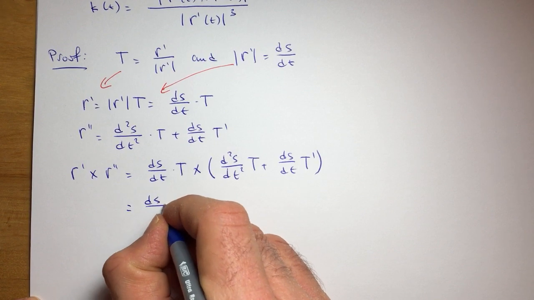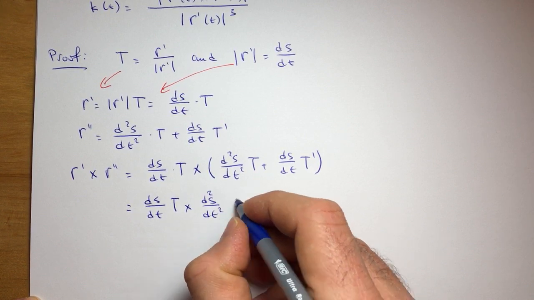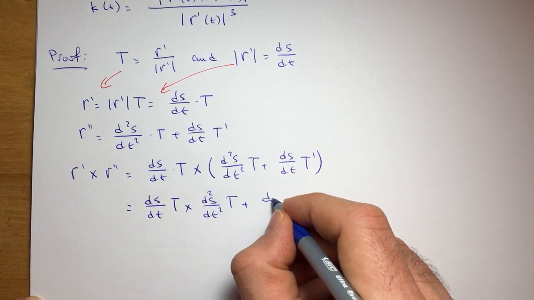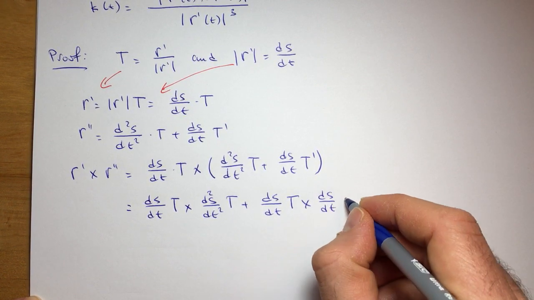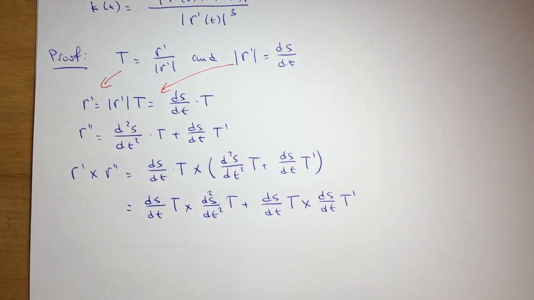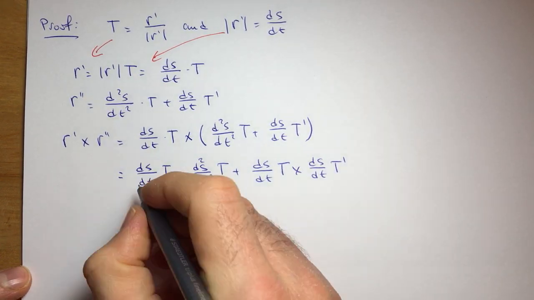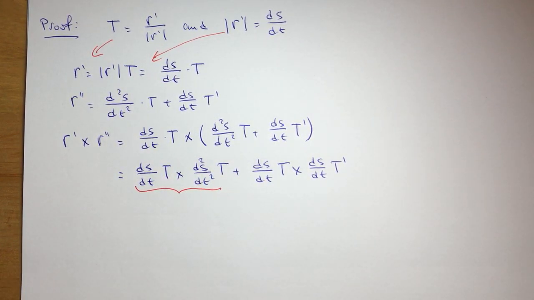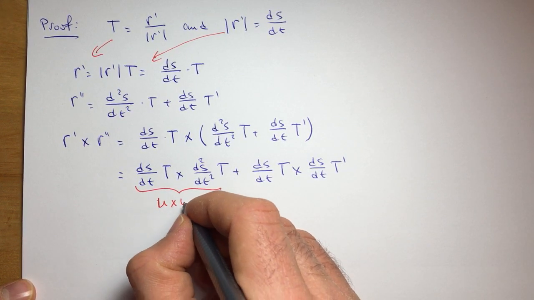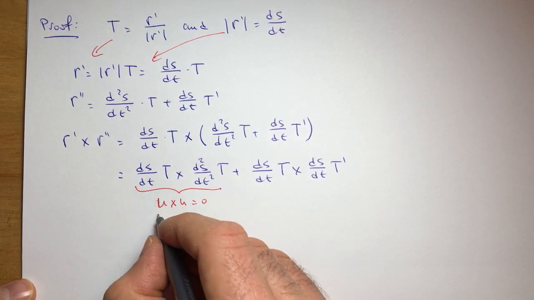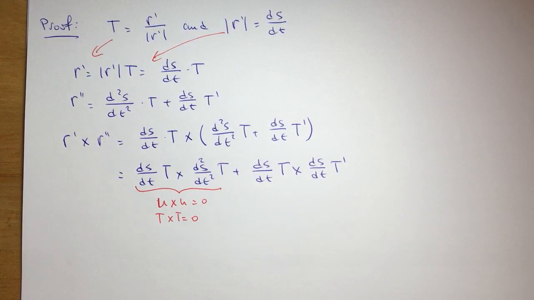This is going to end up being ds/dt times the second derivative of s times T cross T, plus ds/dt times ds/dt times T cross T prime. Let's stop here for a second and discuss why this product is going to result in 0. Remember that any vector cross itself is 0, and here I have T cross T equal to 0, so this whole part is simply going to be 0.